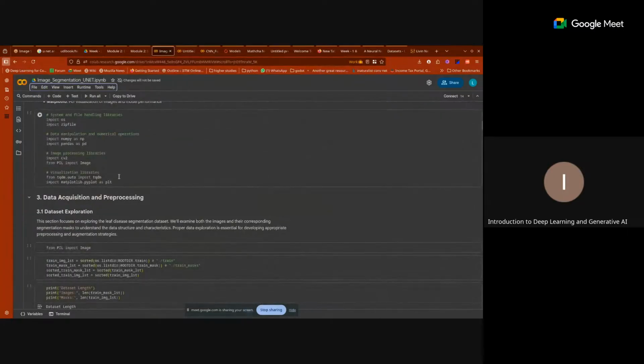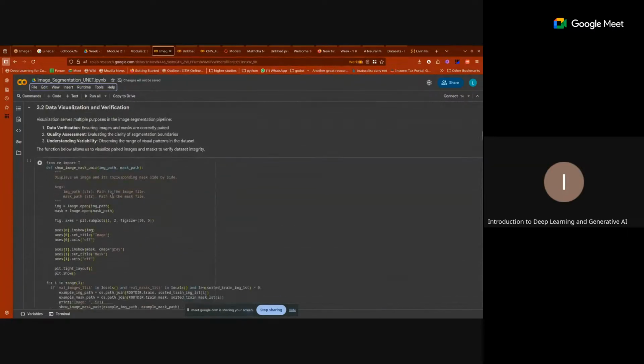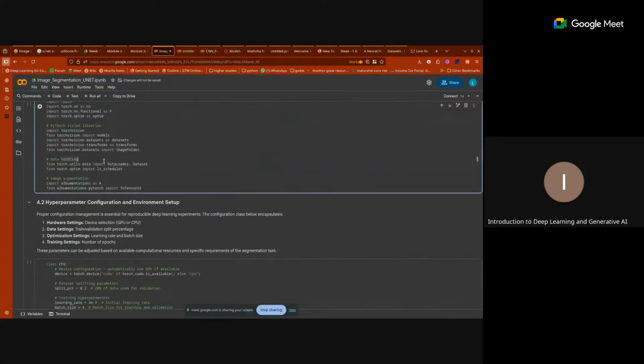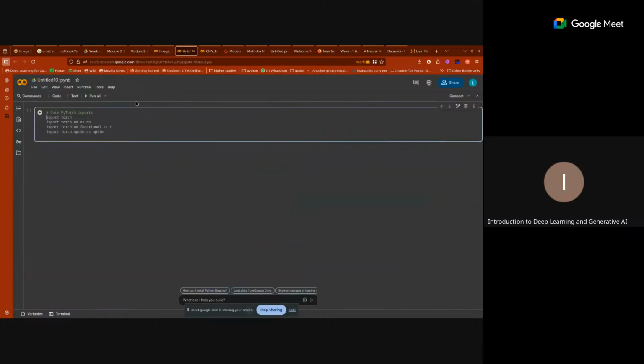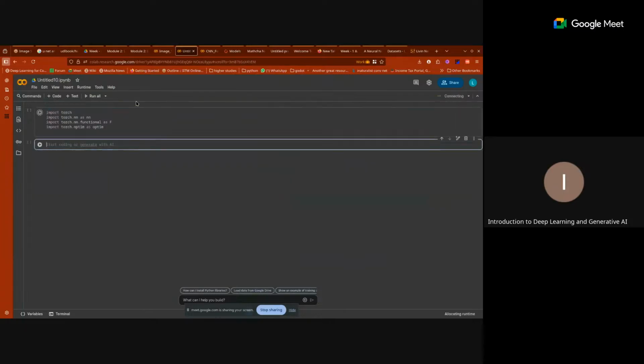Let's take the PyTorch stuff. This much only we need. So this is how you create a PyTorch module, right?